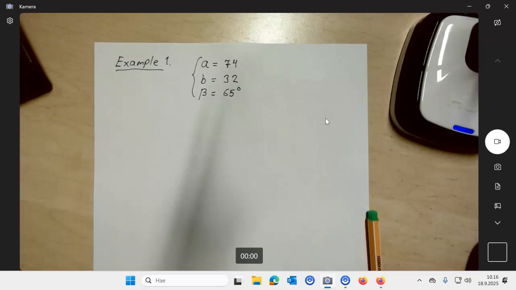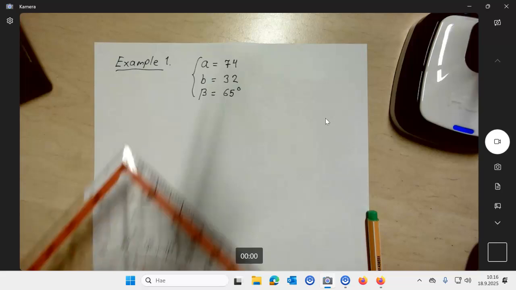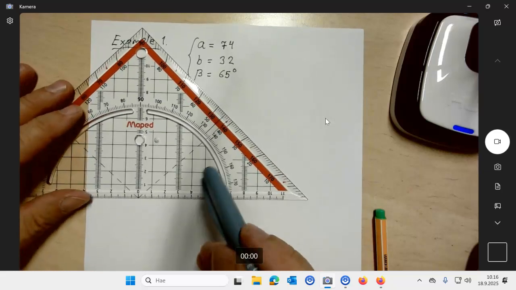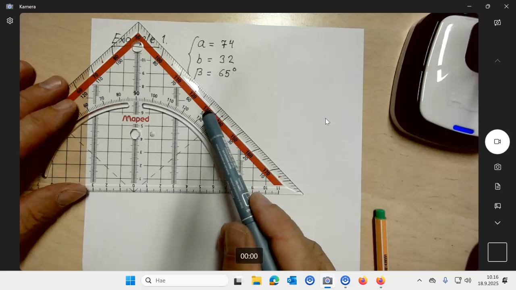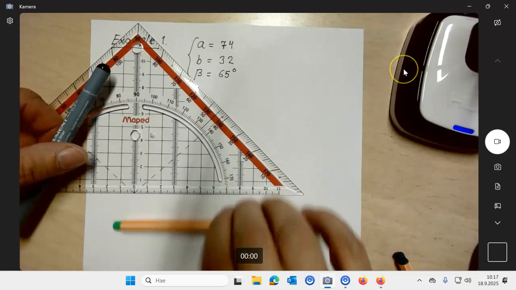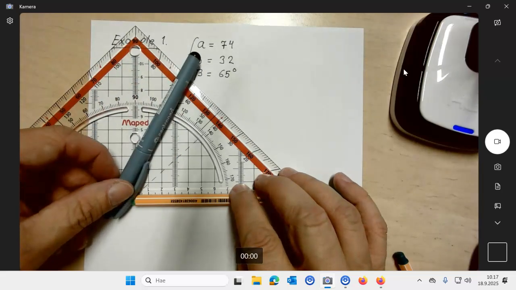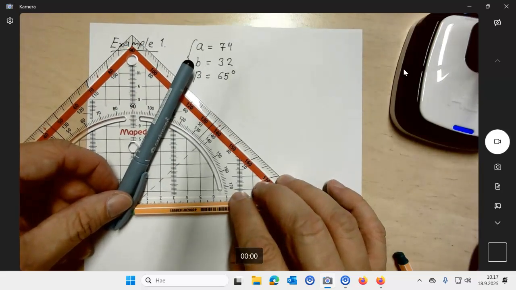I will try to draw almost in exact scale in this picture. So 65 degrees would be, if this is the one side, something like this.